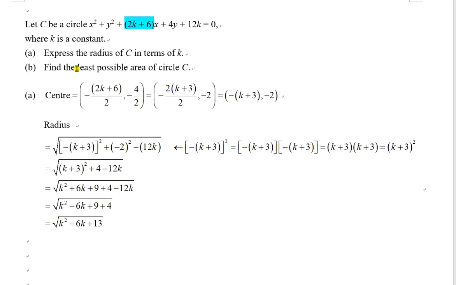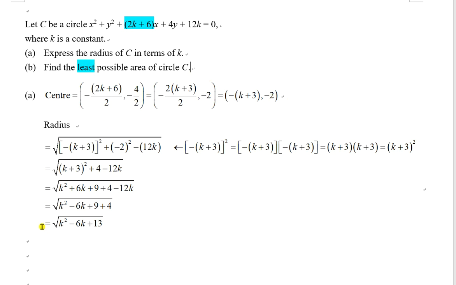Part B, look at the keywords least possible area, or just the word least. That means the area of this circle can be changed. So what parameter will affect the size of the circle?